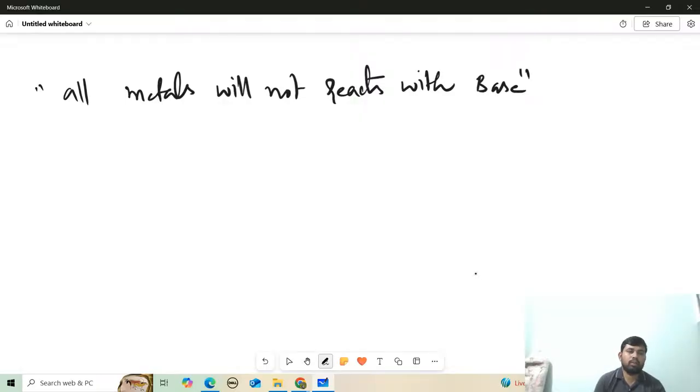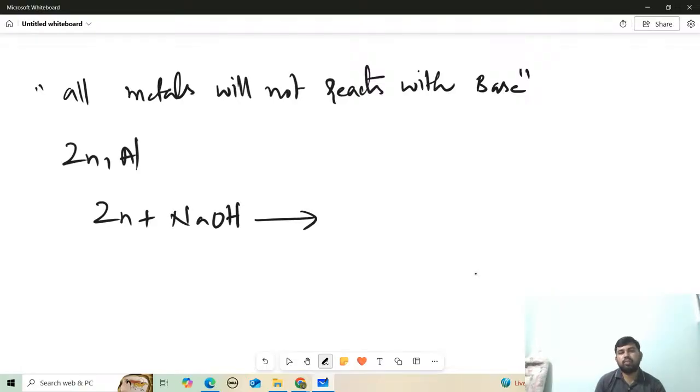A few are there, for example zinc and aluminum. Take zinc plus NaOH: it gives sodium zincate, the formula of which is Na2ZnO2, plus hydrogen gas.